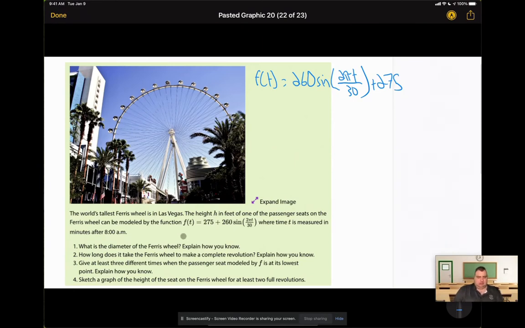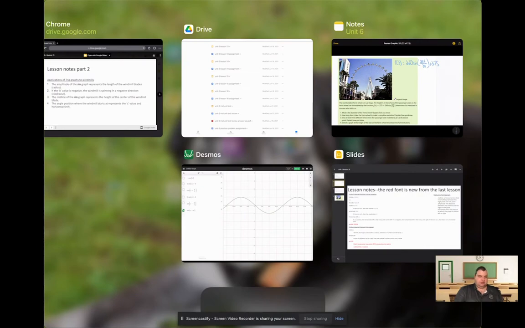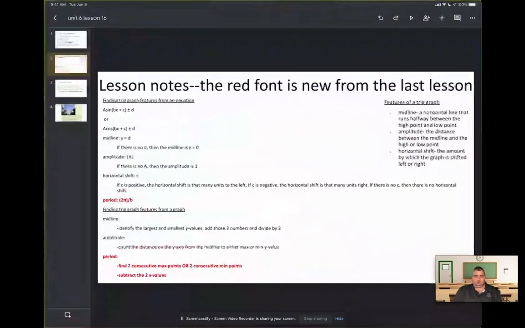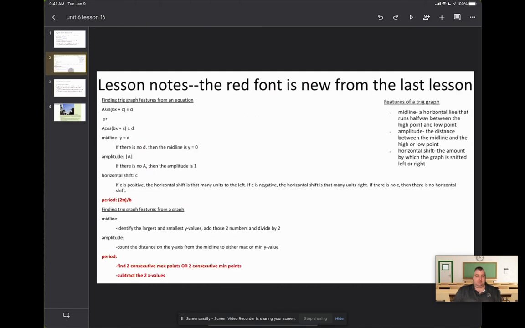Okay, so number 1, what is the diameter of the Ferris wheel? Explain how you know. So if we go back to our lesson notes, we know that the length of the windmill blade, or the radius, in this case the radius of the Ferris wheel, is going to be represented by the amplitude. How do we find the amplitude?